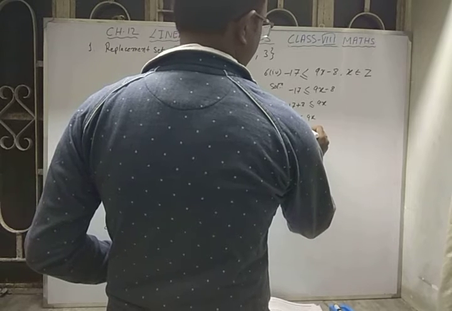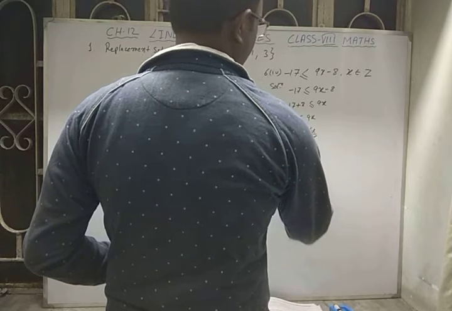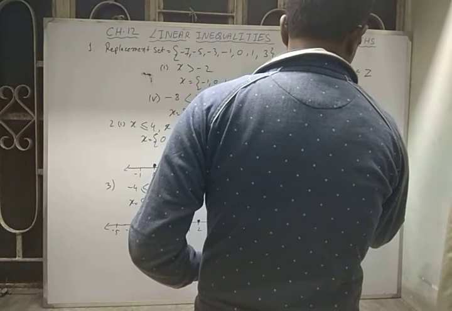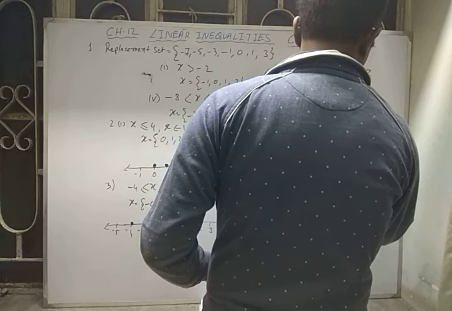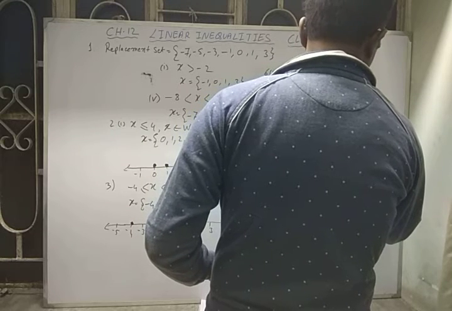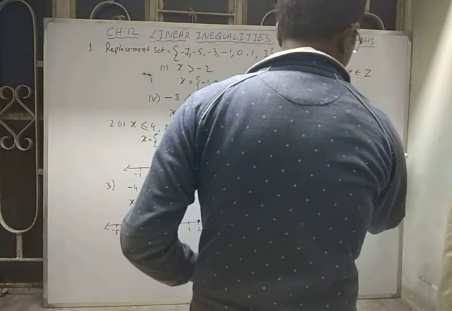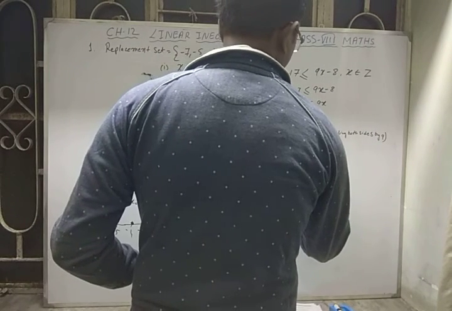Minus 9 by 9, and 9x by 9. The 9s cancel. So we get minus 1 less than or equal to x.